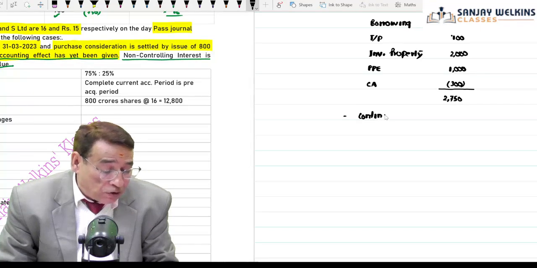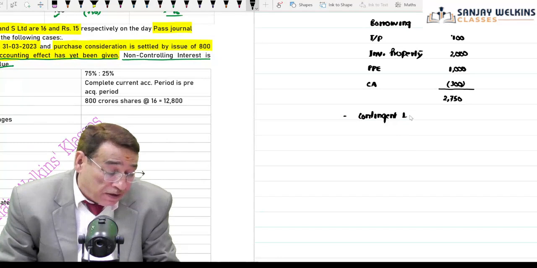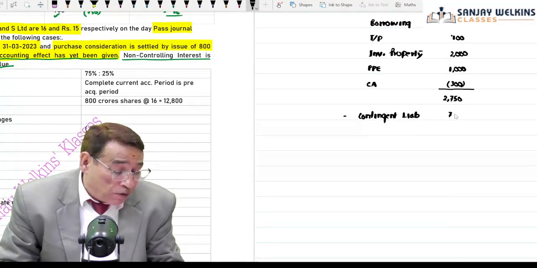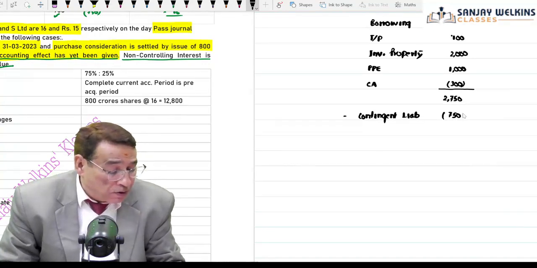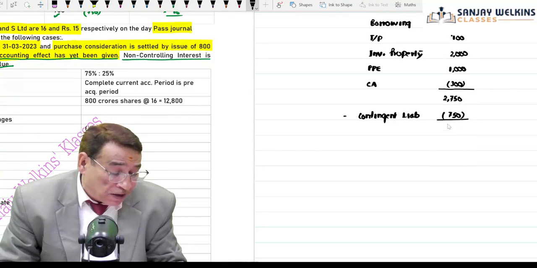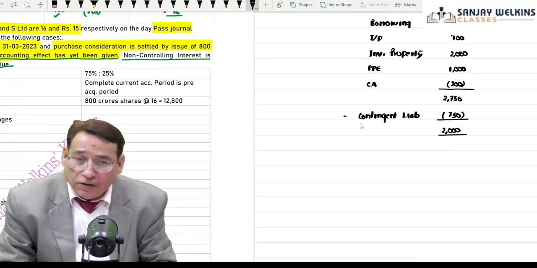I will have to take over your contingent liability at fair value of 750. So at whatever value I am going to take contingent liability, that value itself will be a loss to me. So 750 I am going to subtract again. So I may say that on account of fair value changes, there is a net revaluation gain of 2,000. Is it clear to you?